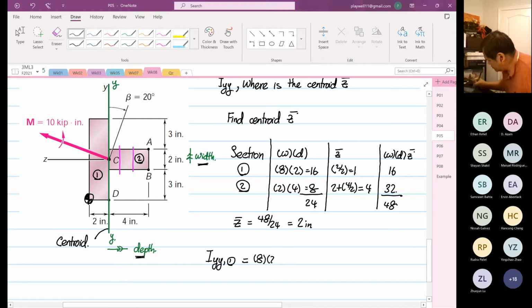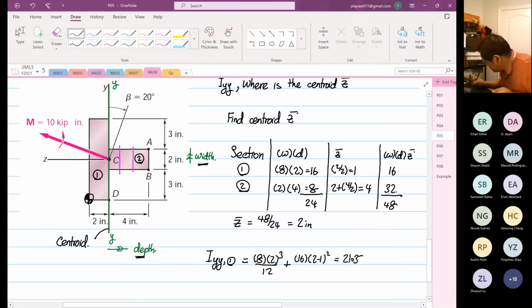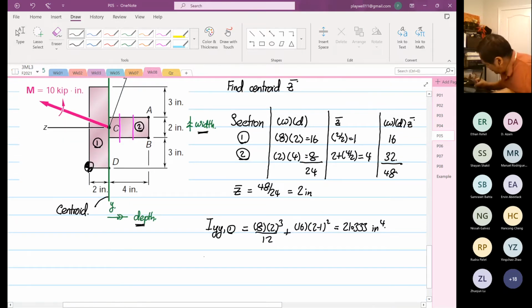All of you know this. 8 times 2 power of 3 divided by 12 plus 16 times 1 is equal to 21.333 inches to the power of 4. Let me do 8 times 2 power of 3, 12 plus 16. Yep. And then IYY for 2.